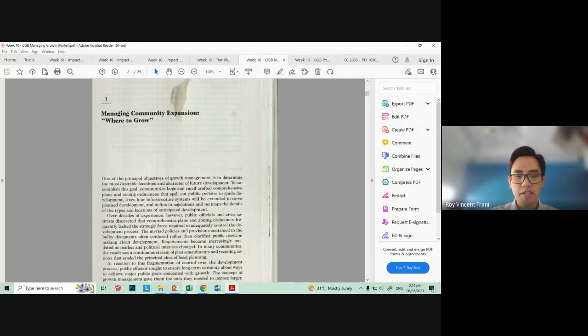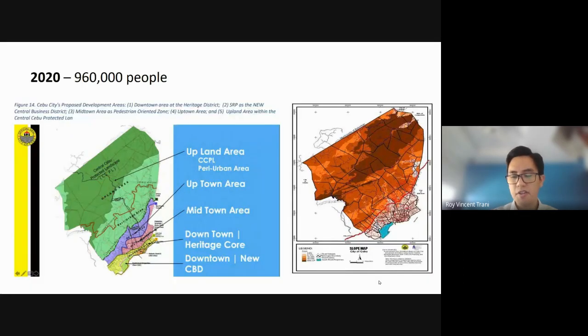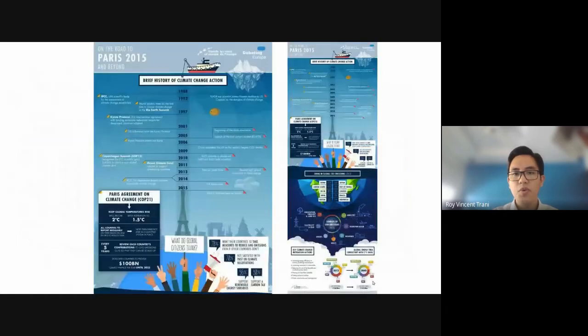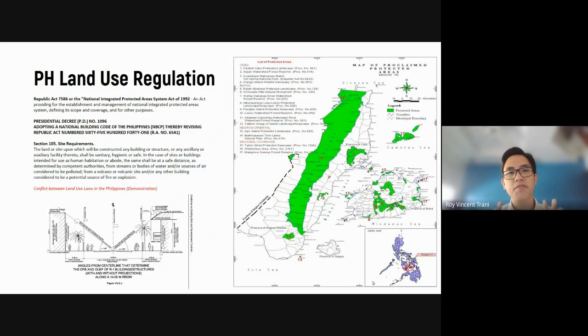And then as we mentioned last week, all of these programs would not be feasible if we don't have some kind of Philippine land use regulation, which currently I think is not yet a law, but we do have laws protecting our natural resources. We have a list of protected areas, as we talked about last week, in Region 7.